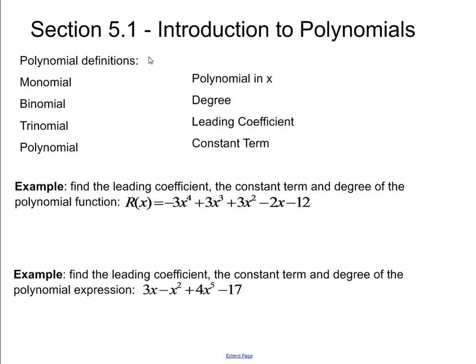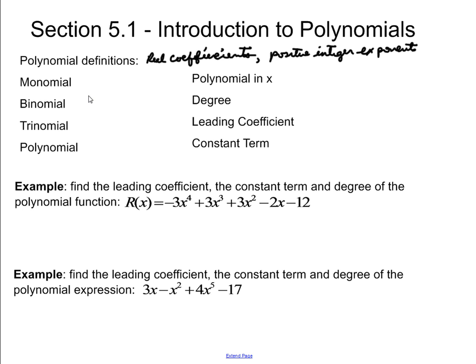We have real coefficients. Remember that a coefficient is a number that is multiplied by a variable. So real coefficients, spell coefficient correctly. And we have positive integer exponents, whole numbers. As long as those are present, your terms are going to be polynomial terms.